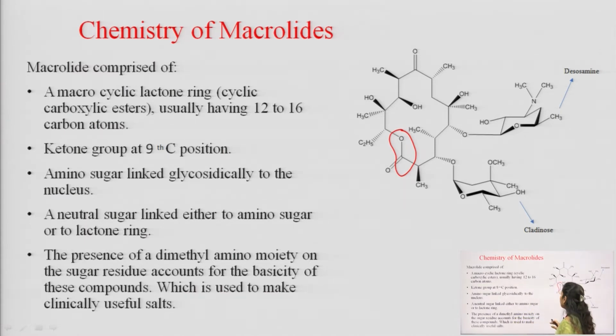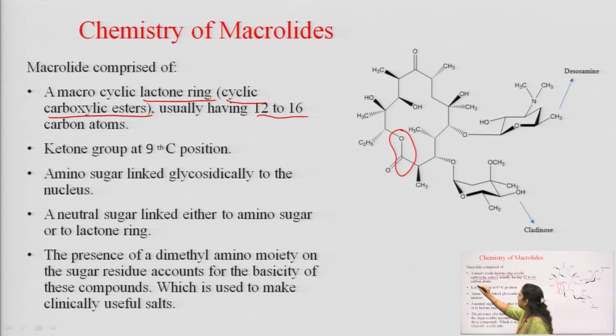The 3 important parts. First of all is the lactone ring. What is the lactone ring? The lactone ring is a cyclic carboxylic ester containing usually 12 to 16 carbon atoms as we discussed in the previous slide.